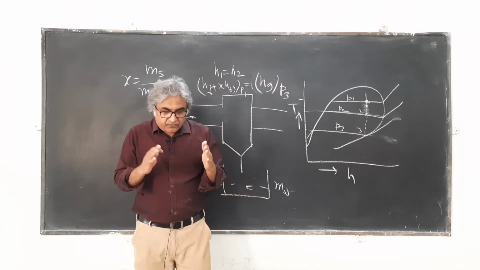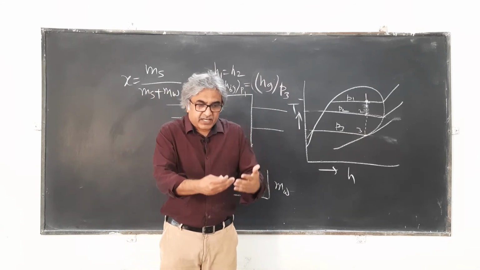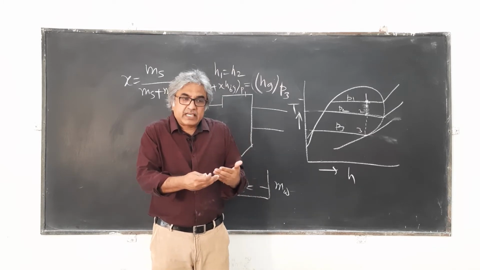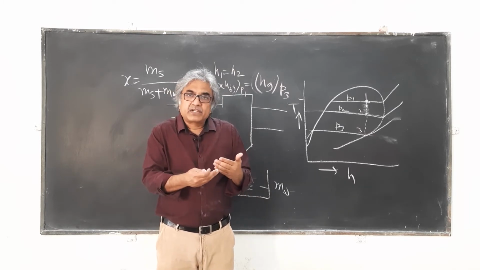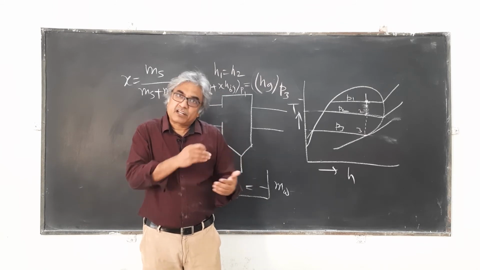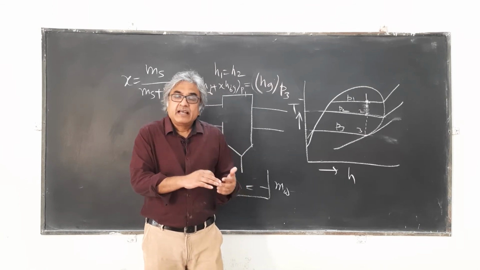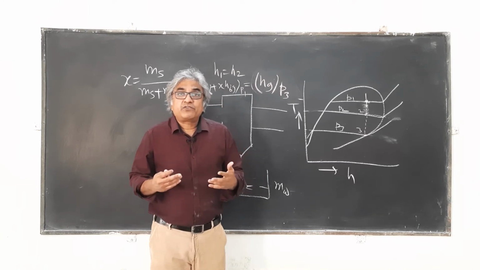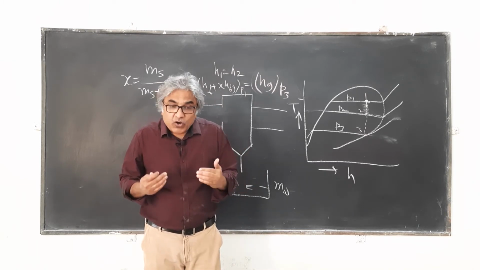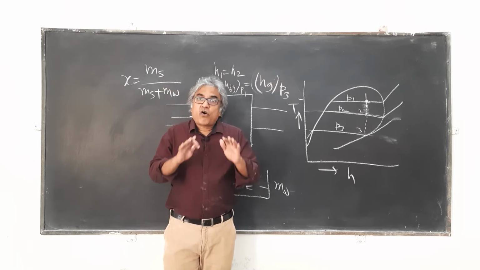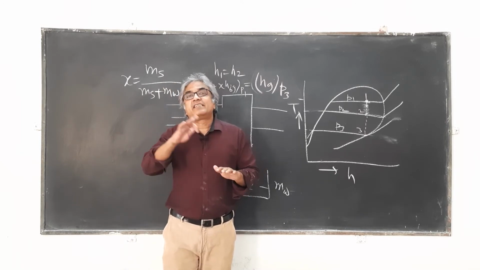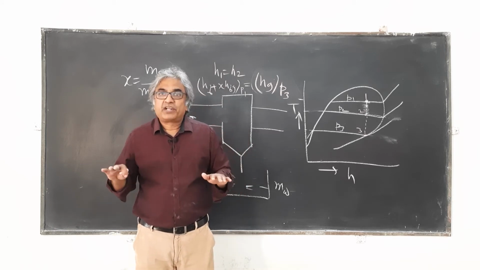So after expansion, when you measure the pressure and the temperature of this steam, and you see that this temperature is the saturation temperature corresponding to that pressure, you cannot be sure whether the steam is really dry saturated or wet, because the temperature of wet steam is also equal to the saturation temperature corresponding to that pressure.